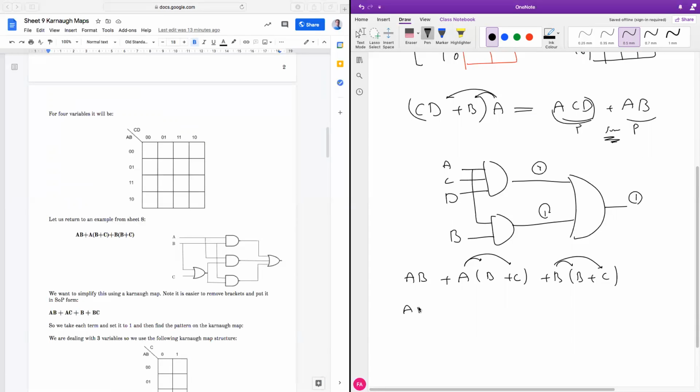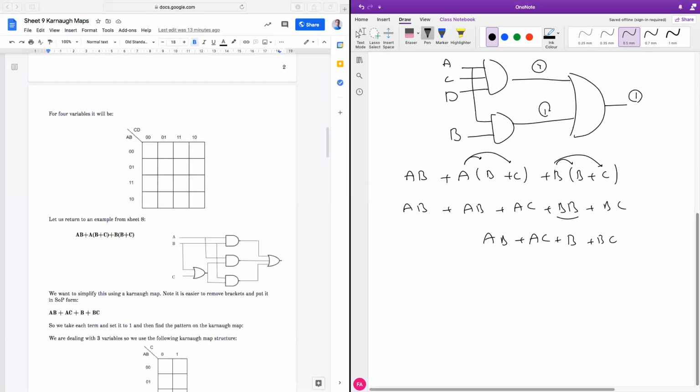So it will be AB plus AB plus AC plus BB plus BC. We know that BB is the same as B. I don't need to repeat AB twice, so I get AB. I have AC, BC plus B, C. There you go. This is the SOP form.